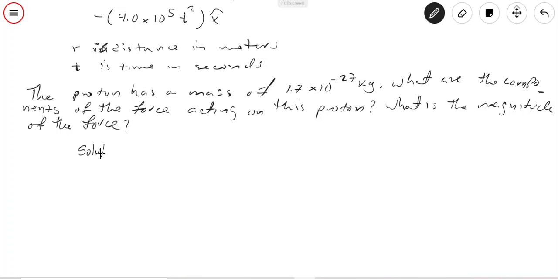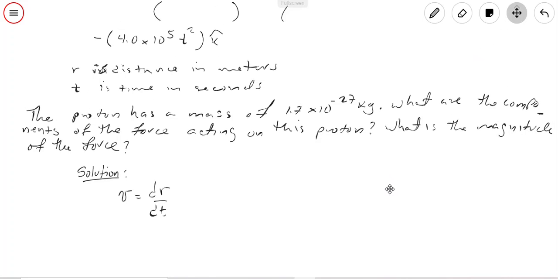So to solve this problem, we're going to find the equation of the velocity, that is the first derivative of the position with respect to time. So we're going to find the first derivative of the equation we have over here.